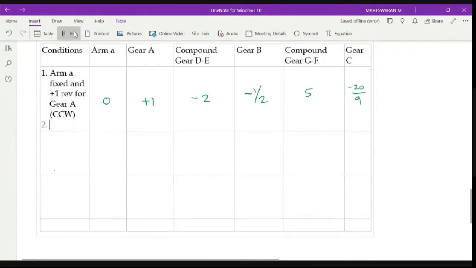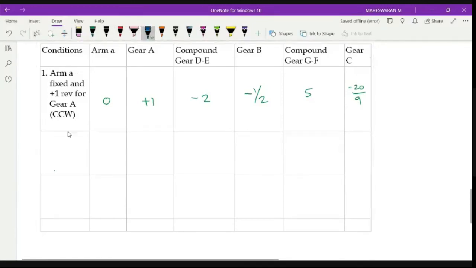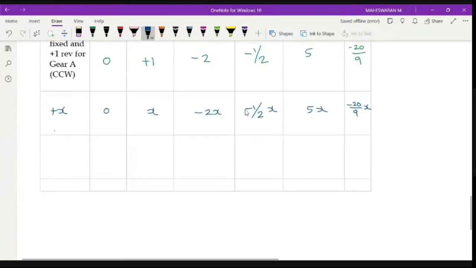So what I do, I have to multiply with x. Instead of plus 1 revolution, if you have plus x revolution, what will happen? Multiply with x, so you will get 0, x, minus 2x, minus 1 by 2x, 5x, and minus 20 by 9x. Then add plus y in all the terms.